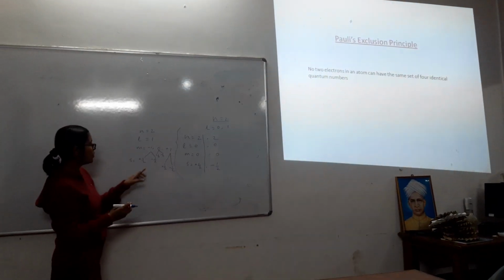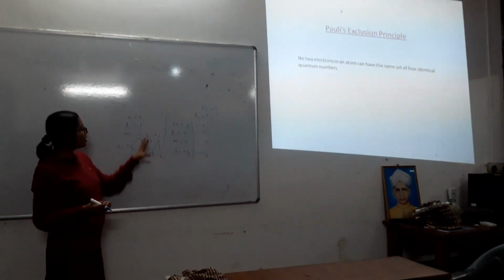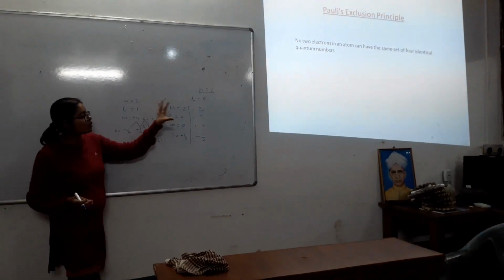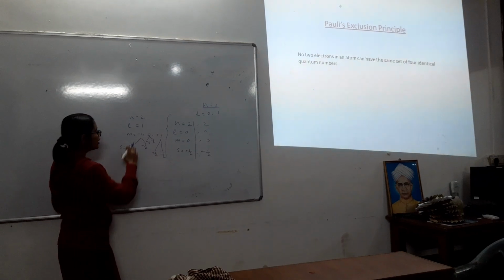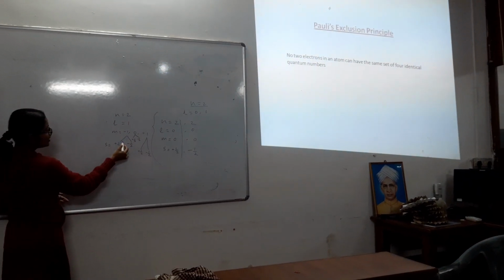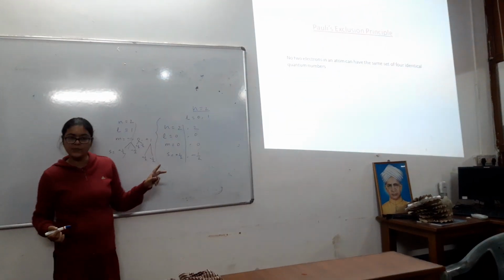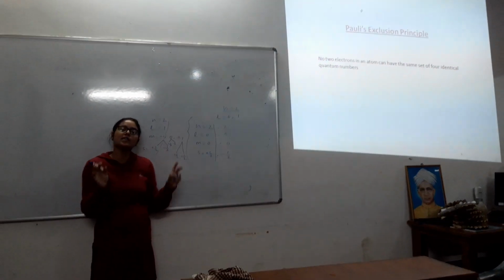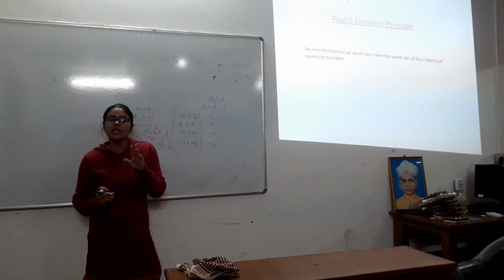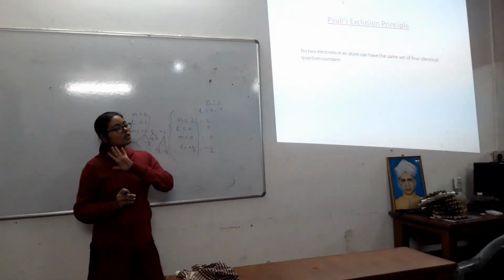So we have 1, 2, 3, 4, 5, 6 electrons. All have something different. When you take these sets, all are different. So we don't find in an atom two electrons which have all four quantum numbers identical. It is not possible.